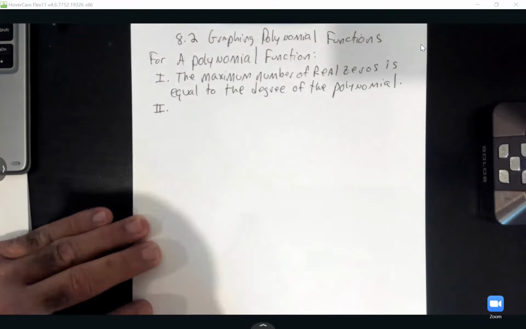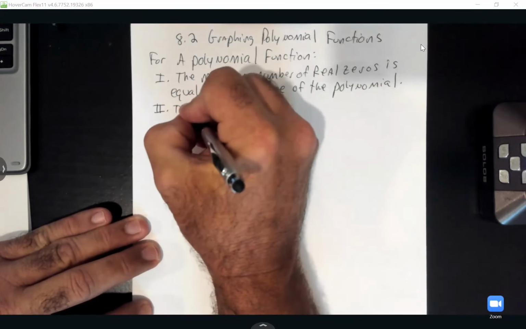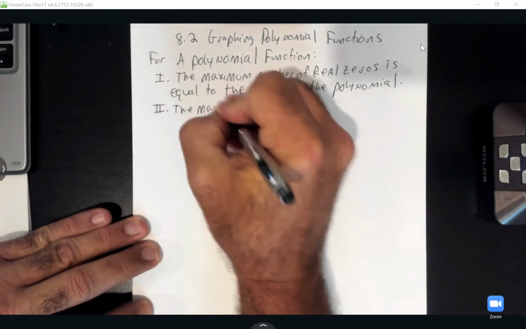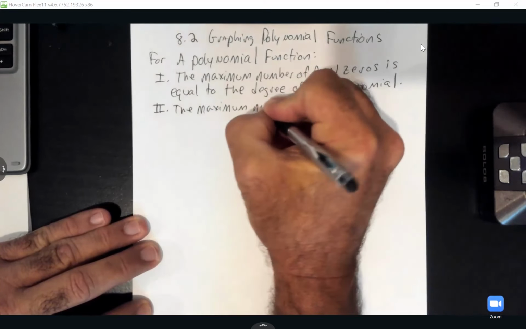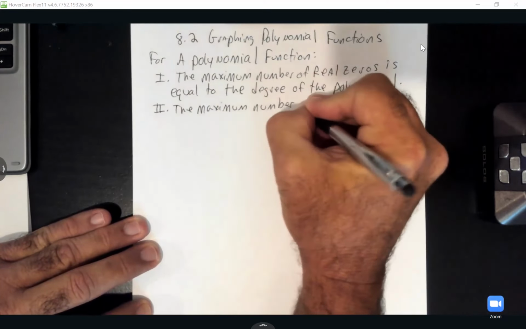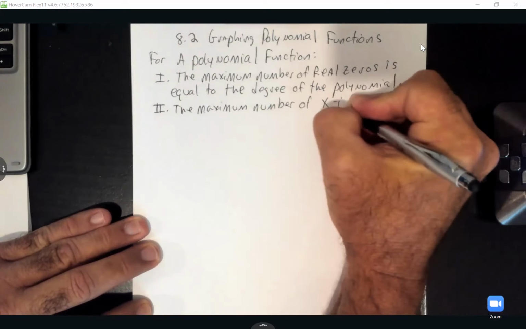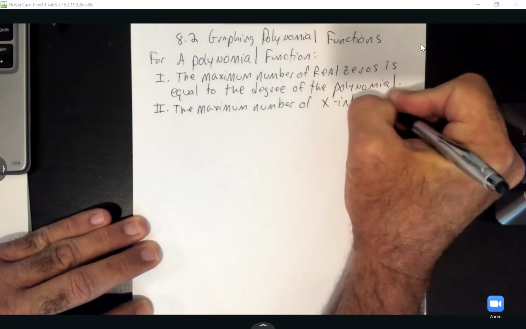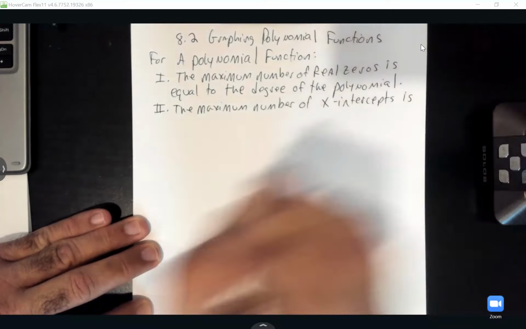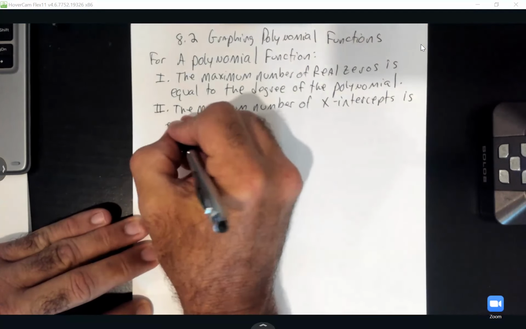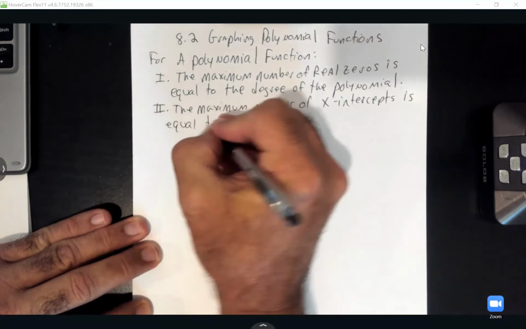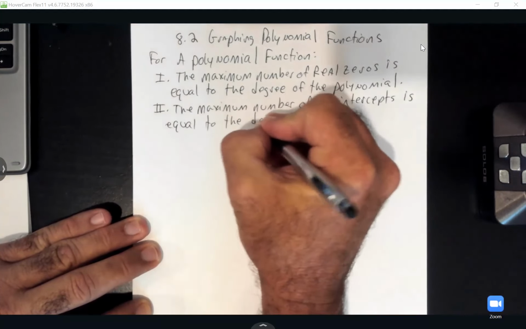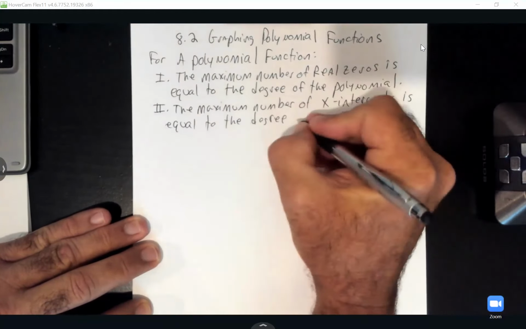The maximum number of x-intercepts is next. So the maximum number of x-intercepts is equal to the degree of the polynomial.